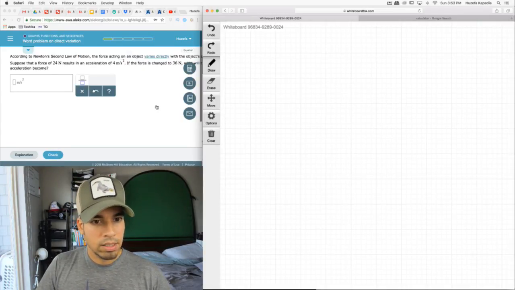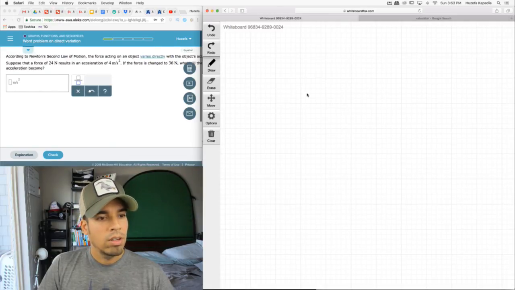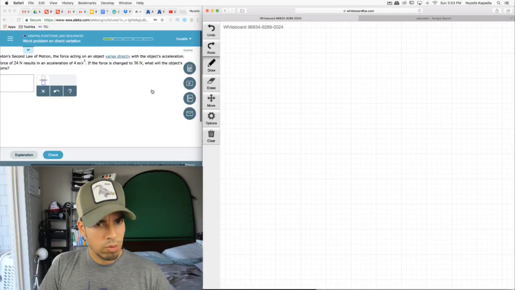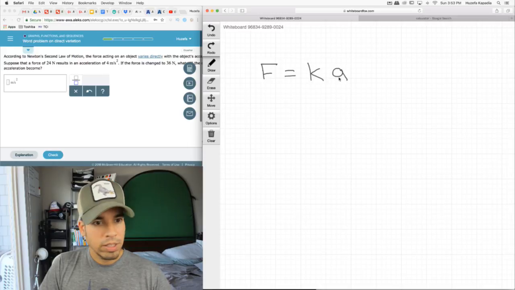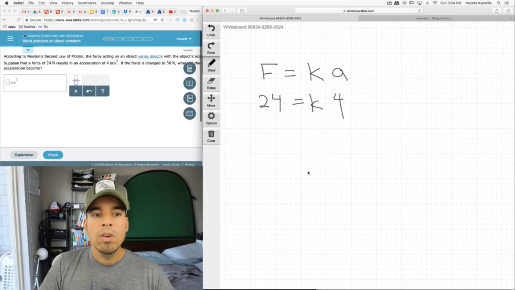All right, next. This varies directly, according to the second law of motion. Force varies directly with acceleration, so force equals some value times acceleration. Suppose that 24 newtons of force results in an acceleration of 4 meters per second squared.